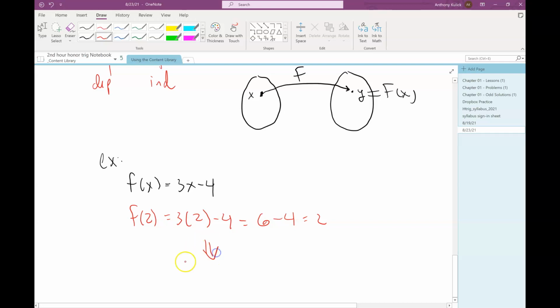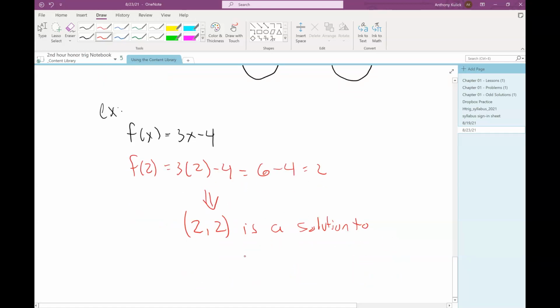And that implies to us that the ordered pair 2, 2 is a solution to f of x equals 3x minus 4. Right? That satisfies that equation. Everybody's okay with that? Again, these things should be relatively straightforward and pretty easy. Mostly all review, I'm hoping, or at least sounding familiar as we go.